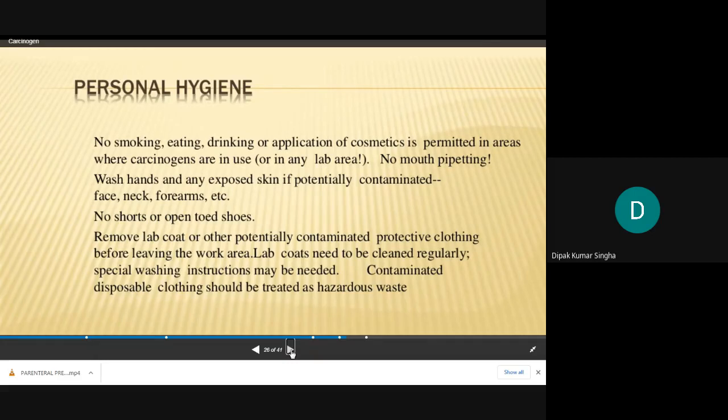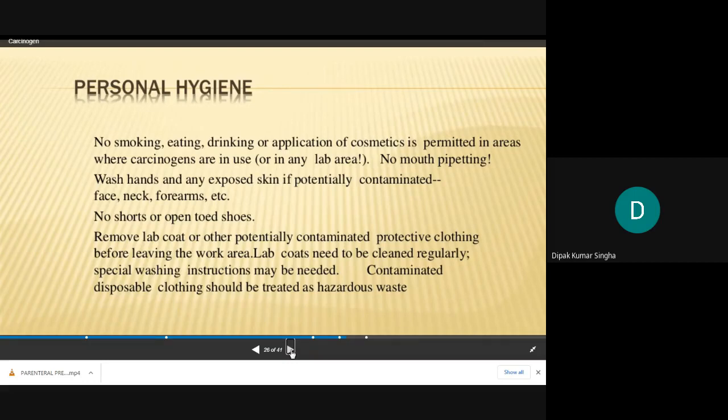Wherever carcinogens are used in any lab area, there should be no mouth pipetting, and wash hands, and exposed skin in the potentially contaminated areas, face, neck and forearms, should be covered up. Wear and remove the lab coat and other potentially contaminated protective clothing before leaving the work area.